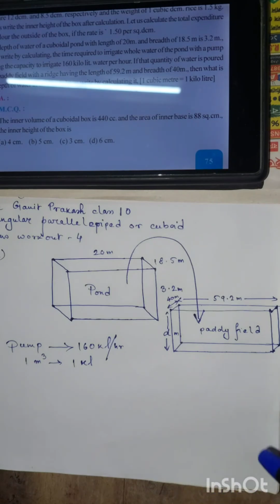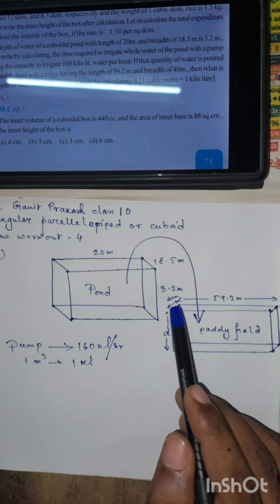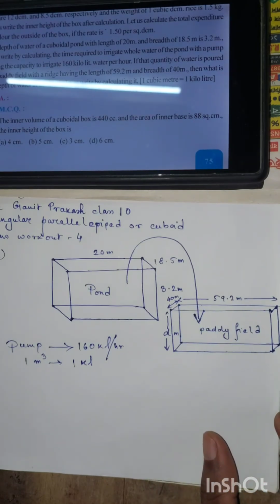And the length and breadth of the paddy field is given, but we do not know the height of water within the paddy field. We do not know the water level, the height of water level from the ground.